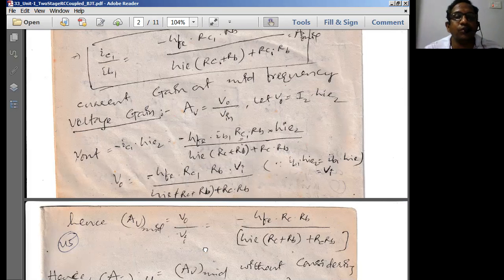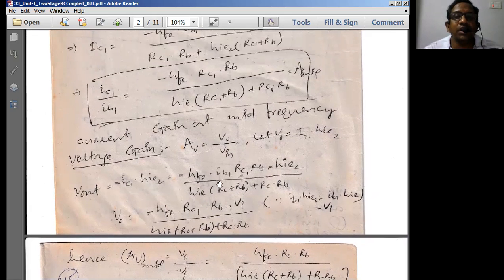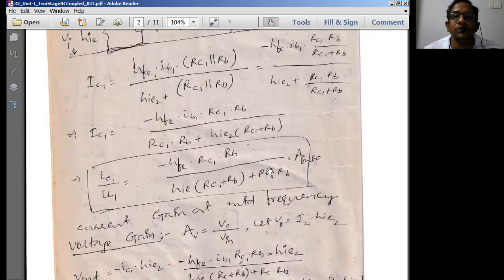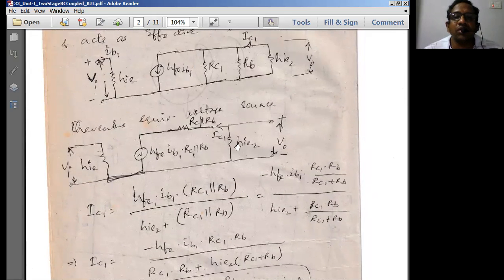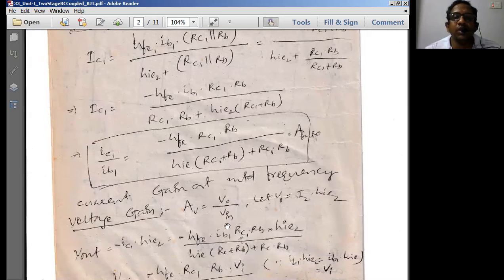What is the general formula for voltage gain? It is the output voltage by the input voltage. So we have to find the output voltage V0. What is V0 in general? V0 is the voltage across HIE2. So the output voltage we can think of as I2 into HIE2.